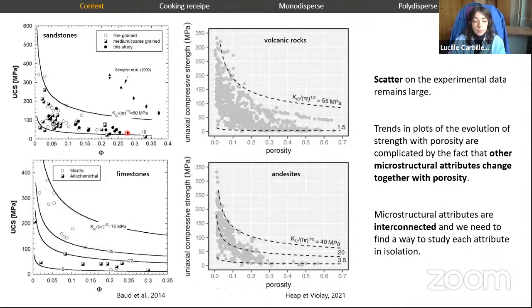So complexities arise from the fact that the influence of microstructural attributes are all interconnected, and that ultimately a fruitful way forward would be to find a method by which they can be deconvolved, so each parameter could be studied in isolation.